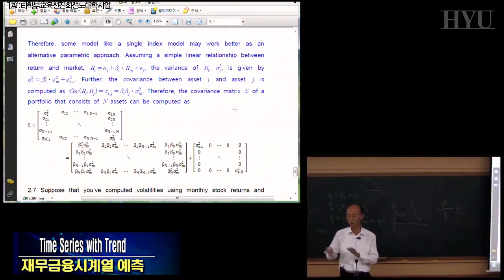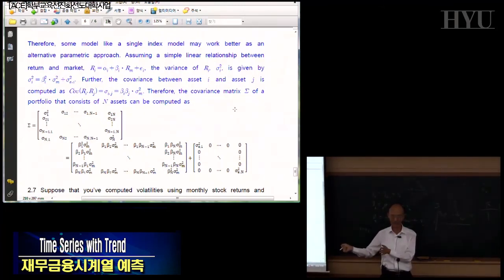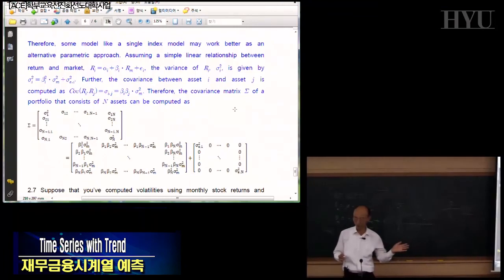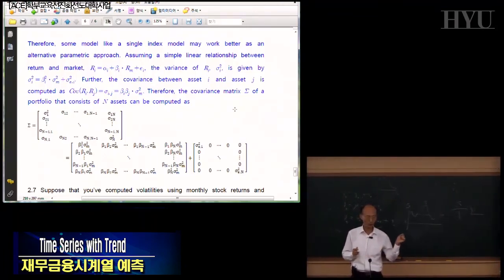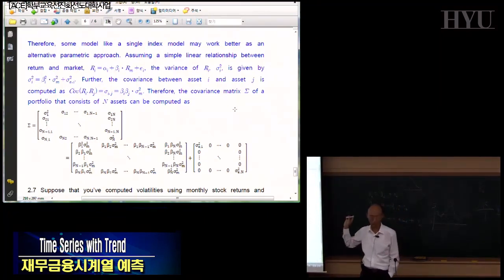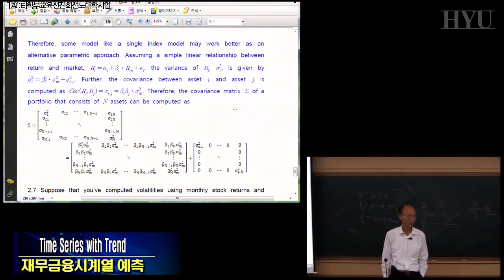You don't have to go back to Enders' book. You don't have time for that until Thursday. So focus on our lecture notes and the examples we did during the class. And then, more or less, you will see something very similar to this on your midterm. Any question?